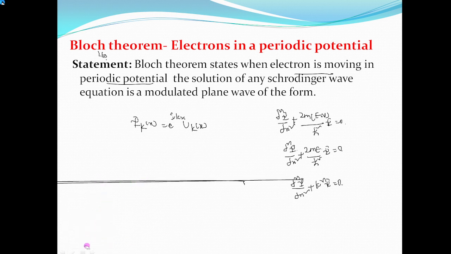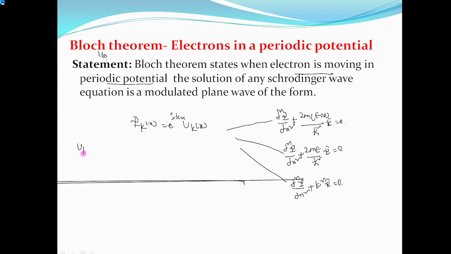Whatever form it may be, the solution for this Schrodinger wave equation is written as psi k x is equal to e power ikx u k x. So the solution of any Schrodinger wave equation can be written like this.